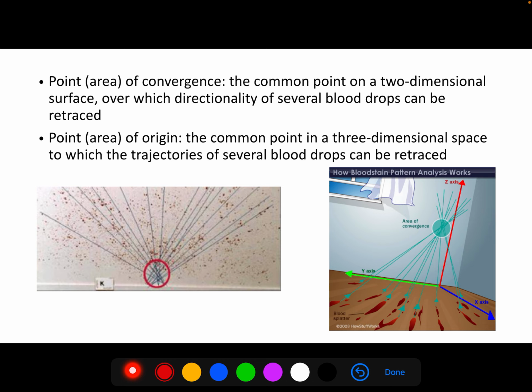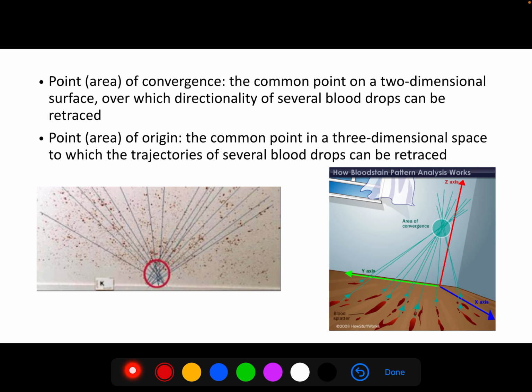So this might be on a floor or on a wall, looking at two-dimension over which direction several blood drops can be retraced. So this is shown in the picture on the left. Here we have a wall, and they are looking at the blood drops on the wall where they originated. So they kind of traced those tails, showing the direction back to where they all converged on one another.